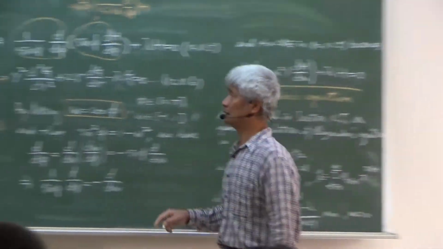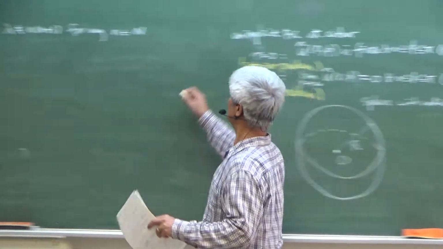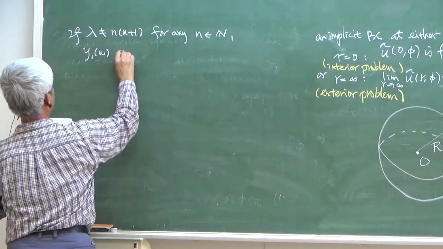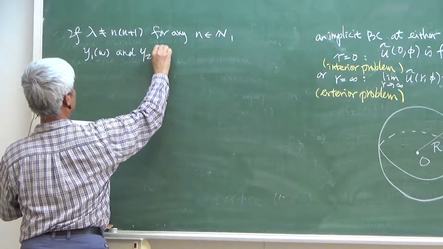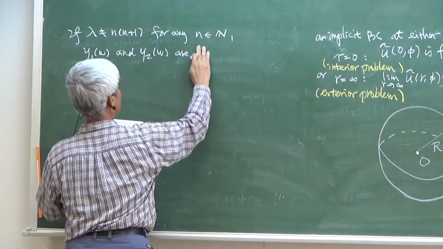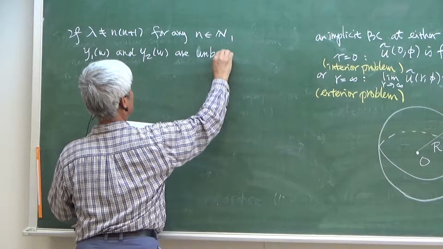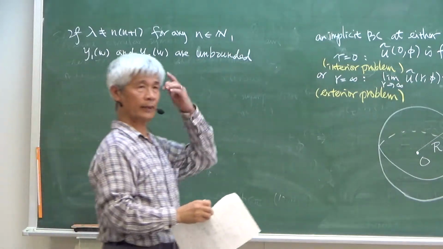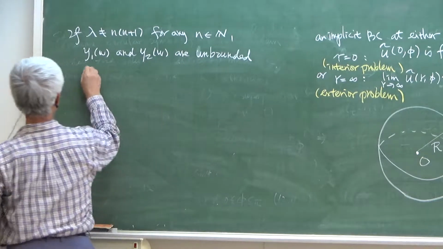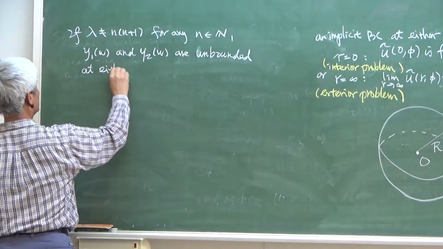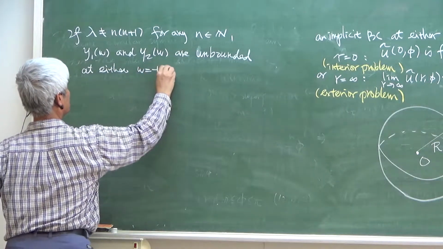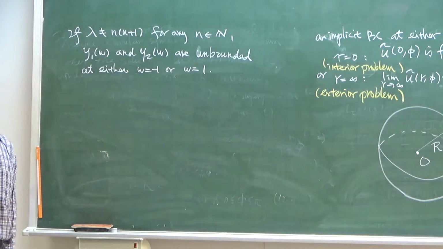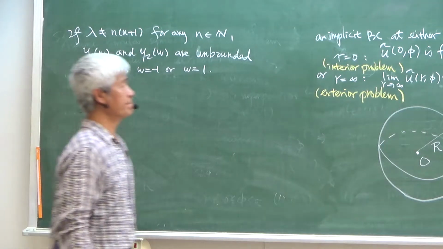And we proved that y1(w) and y2(w) are unbounded at either 1 or the endpoint.